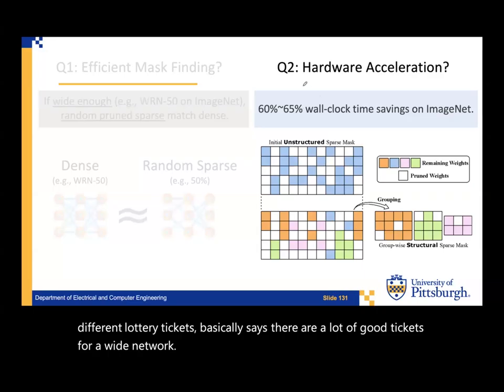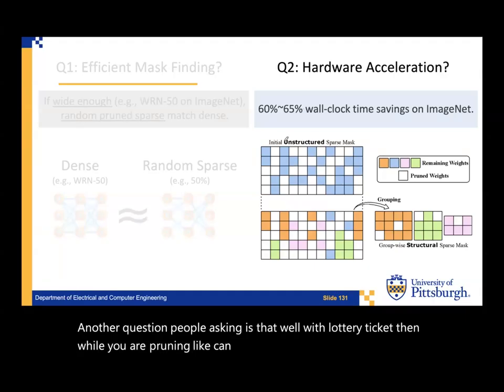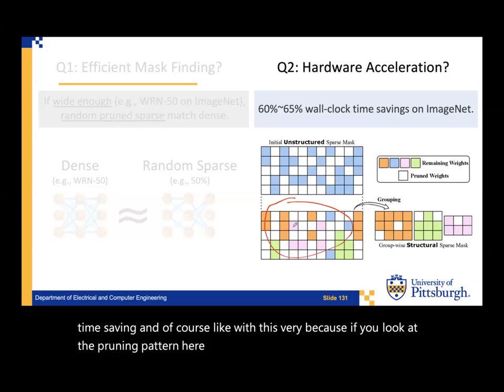Another question people ask is: with a lottery ticket, while you are pruning, can you actually achieve wall-clock time saving? If you look at the pruning pattern here, it's pretty much irregular pruning.